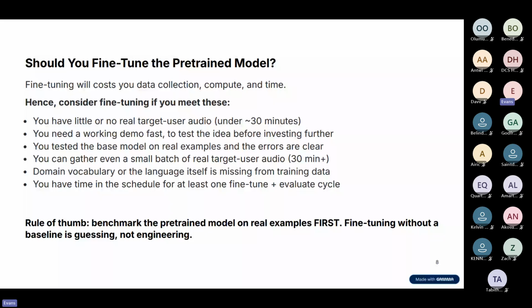And then lastly, you have time in the schedule for at least one fine-tune plus evaluate cycle. So before you try all this, you have to draw a blueprint, more like run a simulation in your head, of the time period in which you think you can complete this.